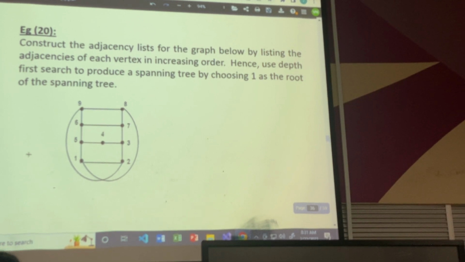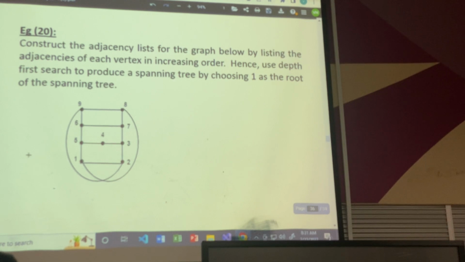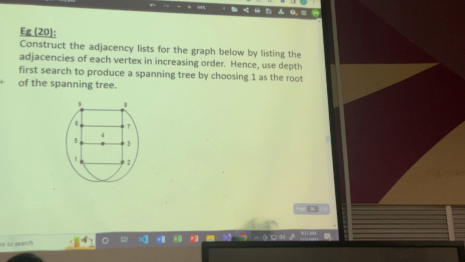Okay, in increasing order. After that, they want you to use the depth first search to get a spanning tree by choosing 1 as the root. So when we draw the tree, we need to know which one is the root first. Then only we can start, isn't it? So here the question asks you to choose 1 as the root.